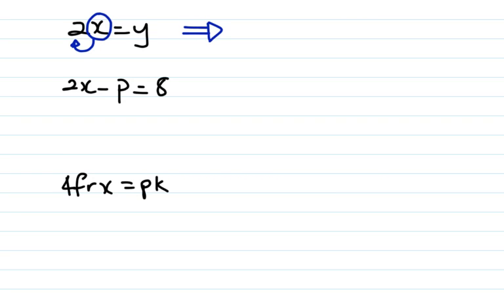So I'm just going to divide by 2, and then x will be on its own, and y will be divided by 2. The bit I skipped is this: it was 2x, and I divided both sides by 2. 2 divided by 2 is 1, so that cancels out, leaving me with just x on its own, and I end up with y over 2.